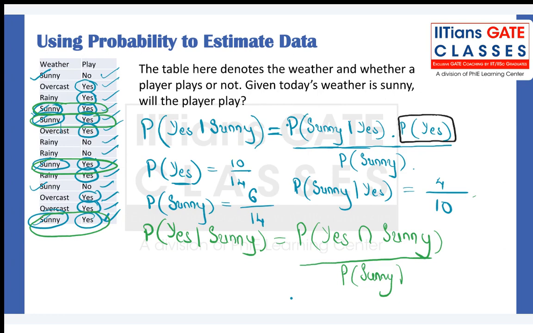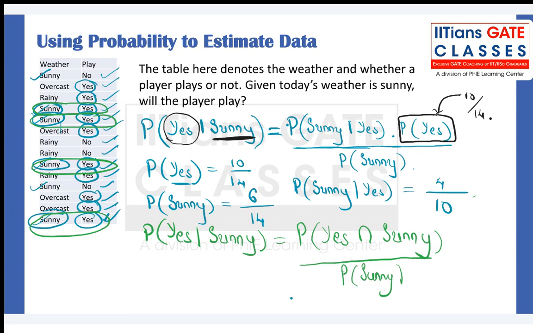Looking at the data, your prior belief was, yeah, I will play 10 out of 14 times. But given that it is sunny, given you have some data now, how does your prior belief change, which is called posterior? Given that it is sunny, how can you say that you will still play? Got it?